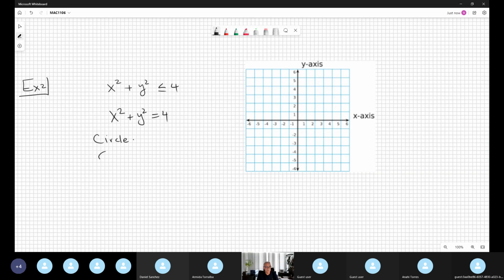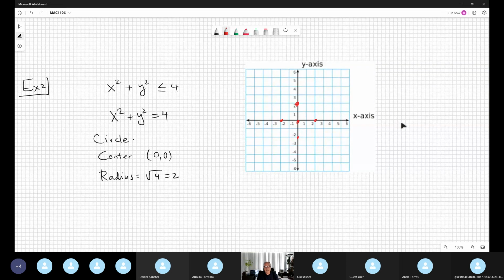Circle with the center at 0, 0, the origin, and the radius is square root of 4, which gets 2. So 2 in any direction. You plot 2 in this direction, 2 in this direction, 2 in this direction, and 2 in this direction.